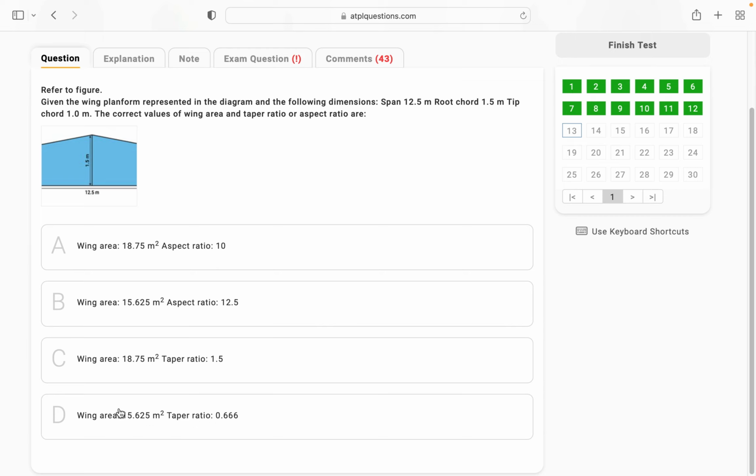The wing area. The most possible correct answer is D, but let's see how we can calculate the wing area.